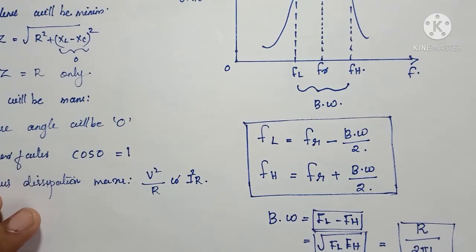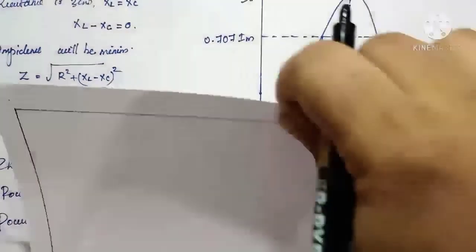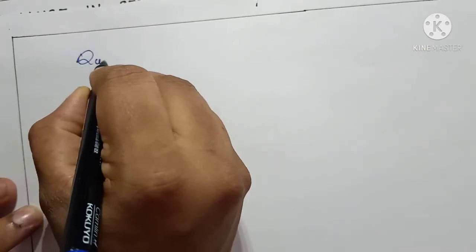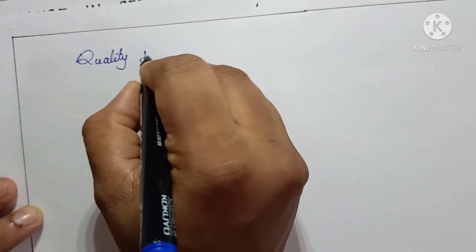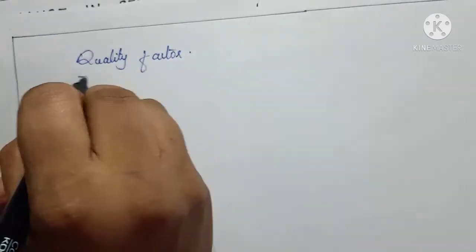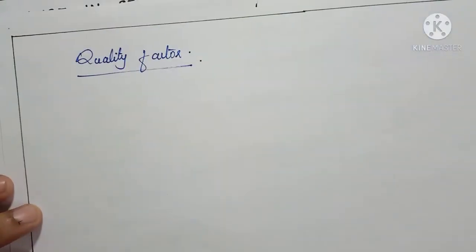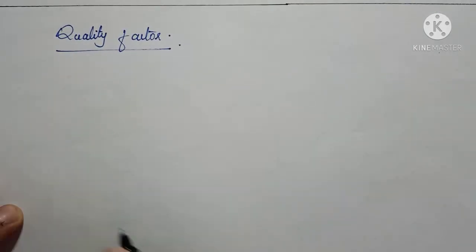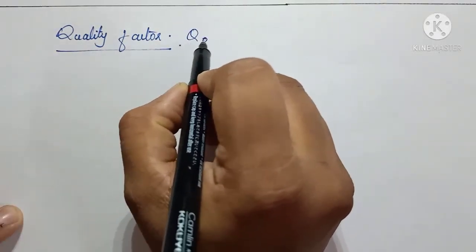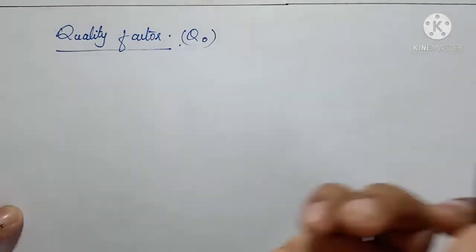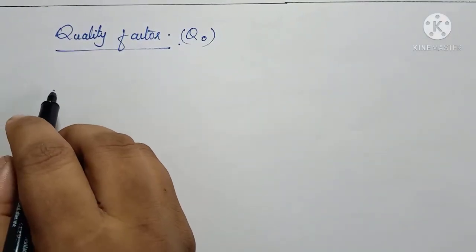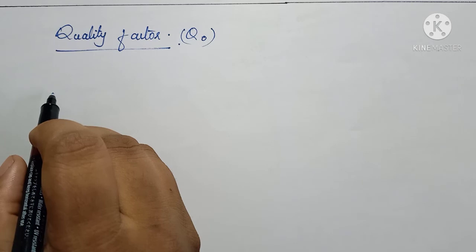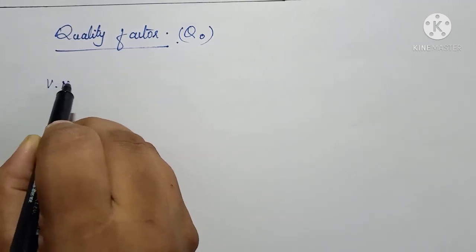Based on this, one important point, the last topic in this video, is quality factor. Quality factor is closely related with the voltage. It is represented by Q0 or QC, and it is closely related with voltage magnification. What is voltage magnification?